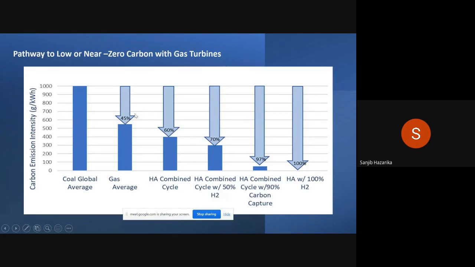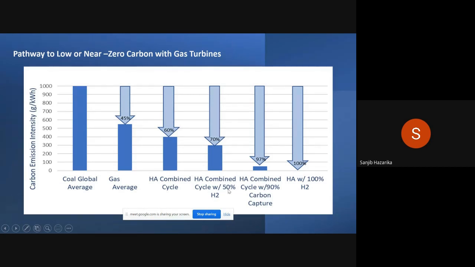We can reduce it by around 45%, maybe with gas. Then with a highly efficient combined cycle plant, we can reduce it by 60%. Then the current technology has the capability to operate with 50% hydrogen. It's mentioned so because there is complexity in running a gas turbine with 100% hydrogen.